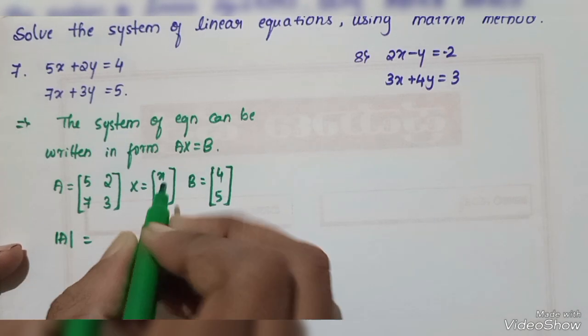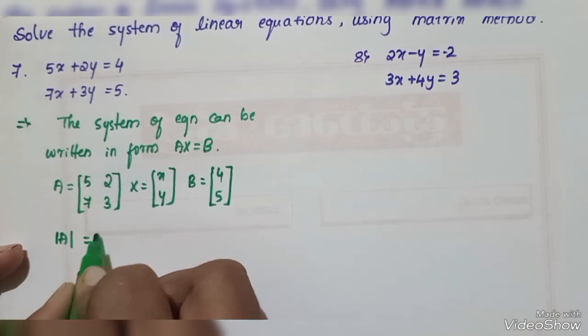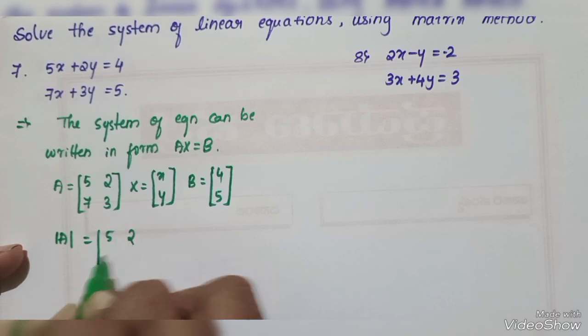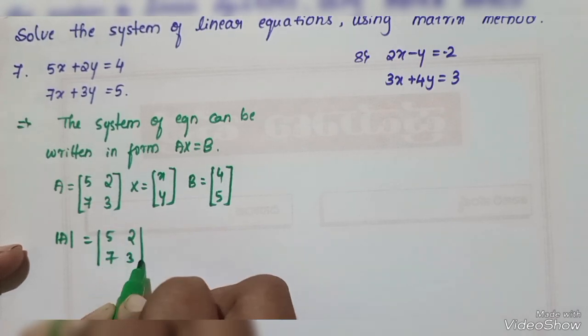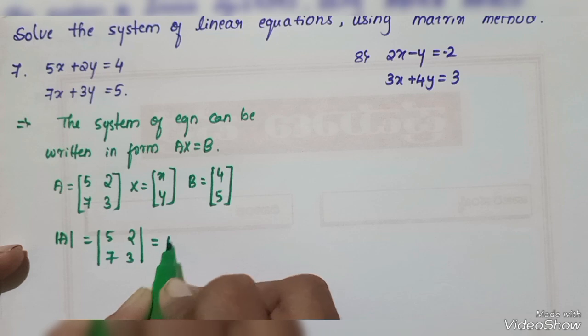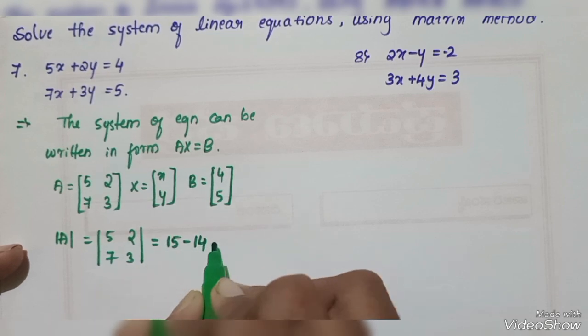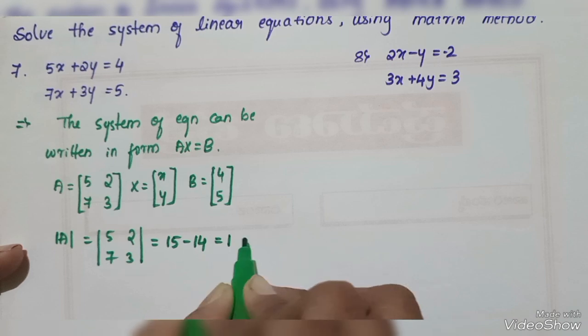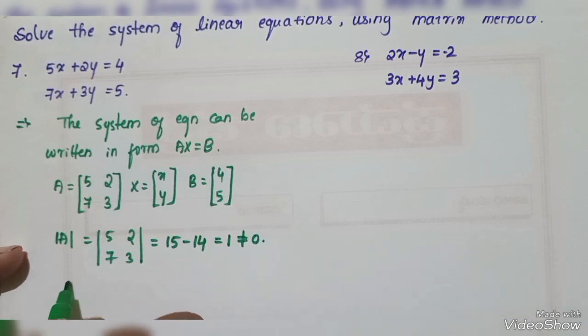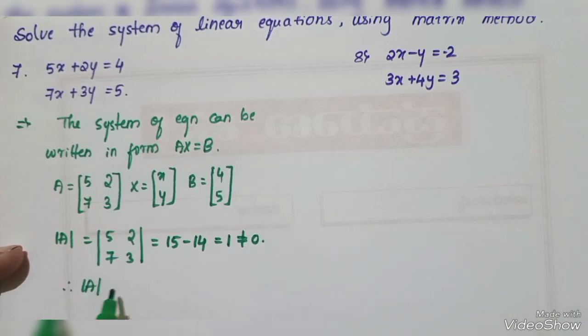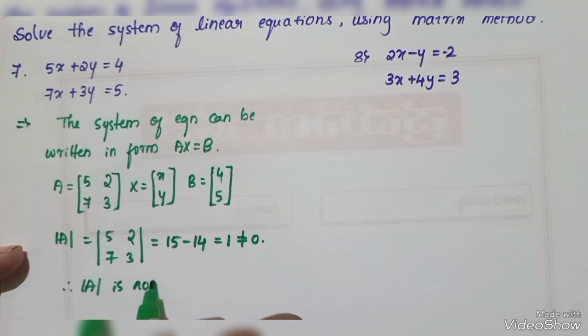Determinant of a is 5 into 3, 15, minus 7 into 2, that is 14. 15 minus 14 is equal to 1. 1 is not equal to 0, therefore a is non-singular.